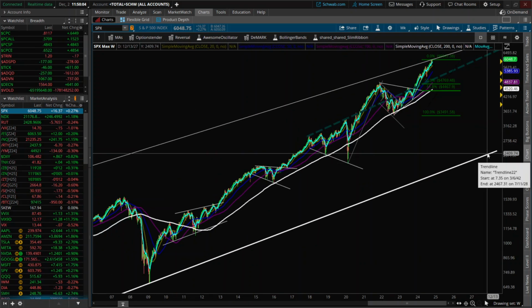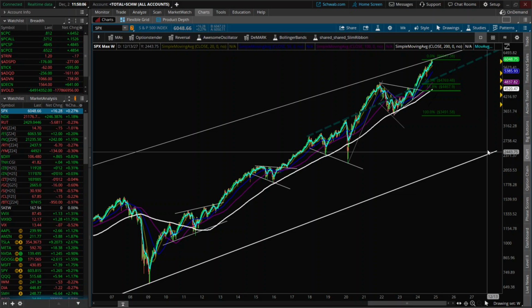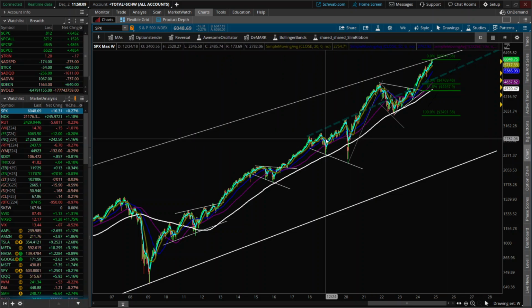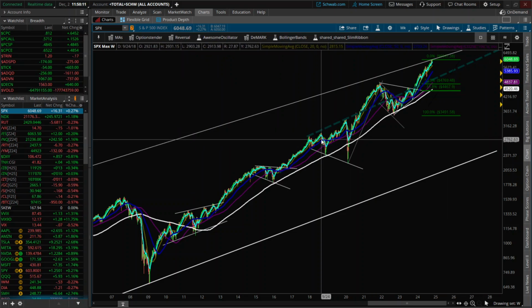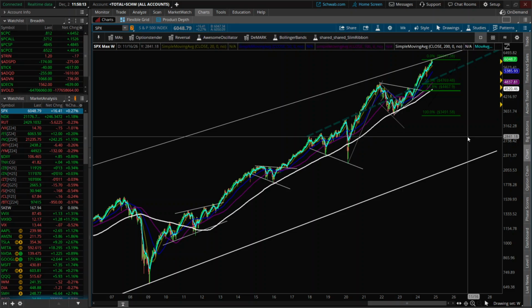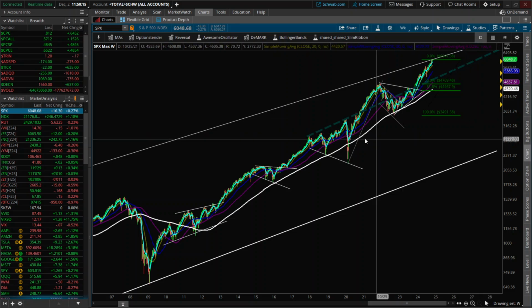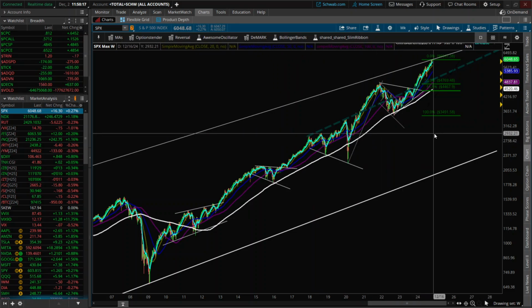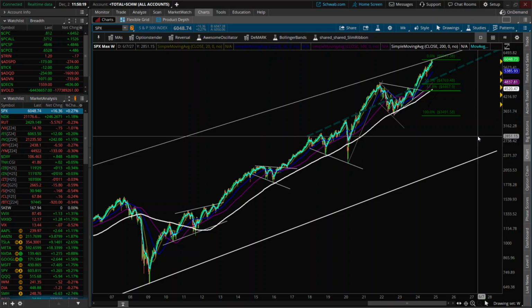And maybe not that, there's a huge volume node here too. So over 50% of the overall market, SPY, SPX, ES, that would be over a 50% retracement.